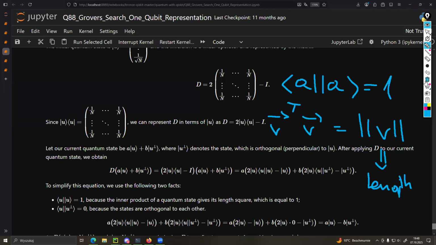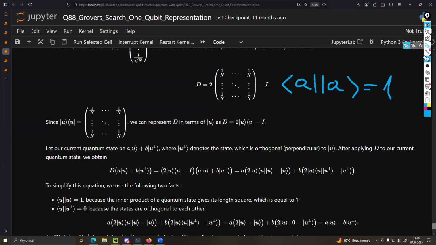So if you see something like this, a bra multiplied by a ket, it is a 1. And here it actually is the case. For example, here this will be equal to 1, let's say.